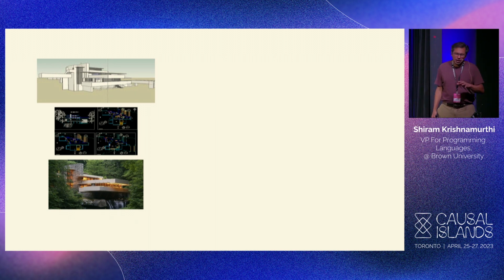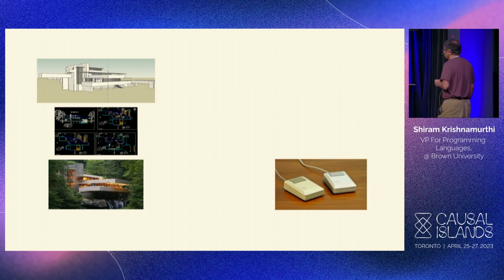Now, I put up Fallingwater a little ironically, because Frank Lloyd Wright was not the best civil engineer in the world. But the point is that even Frank Lloyd Wright didn't just go off and start building buildings. Even he engaged in a process of thinking through several steps, not only multiple stages, but also multiple representations, right? We look at the problem from several different perspectives.